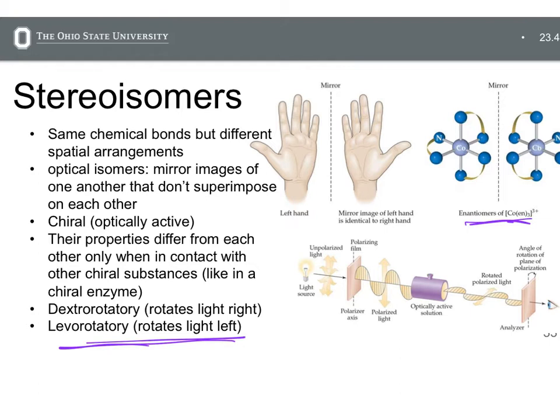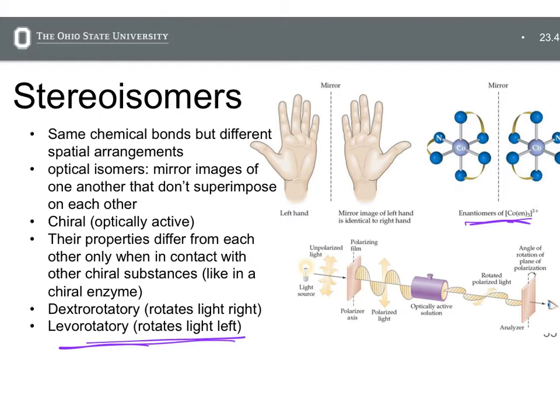If you have polarized light, these different isomers will rotate that light in a different direction, left or right. There are devices that are used to measure optical rotation. This is one of the ways that people will measure the amounts of sugars in different alcohols.